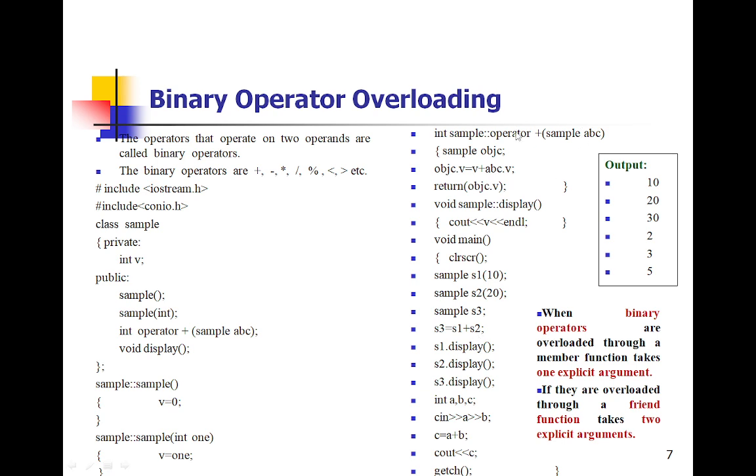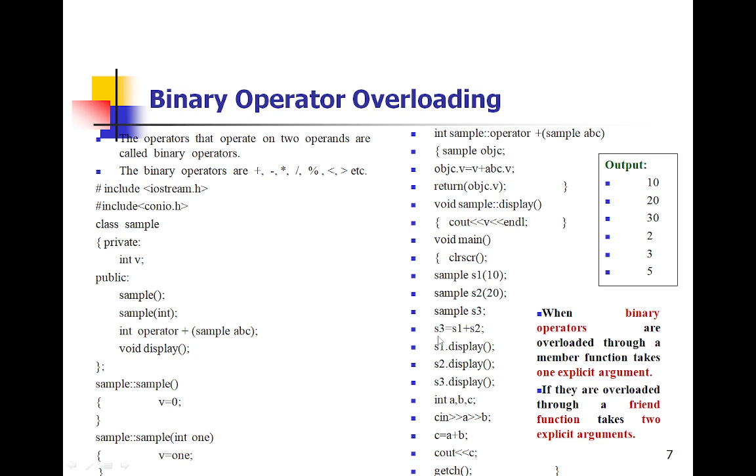As we know, we are going to give some additional task to the arithmetic operator plus. What is the plus operator going to do? We have already passed the object as an argument, so it will be assigned to abc. Then those two values are going to be added. One value we already passed when the object was created, and the other value is going to be added, and the resultant value is returned back to the main function.